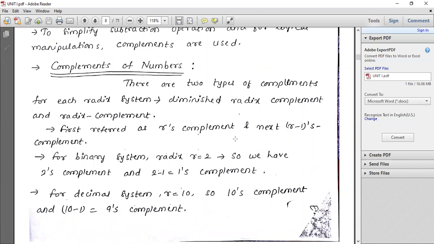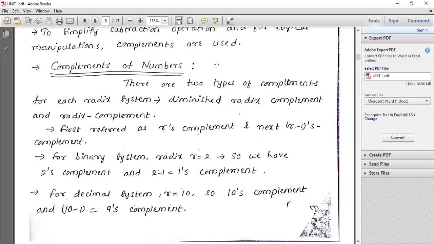It is going to involve the truth table concept of addition. Why? Because addition using the truth table is easy for us instead of going with the subtraction truth table. So complements are processes of subtraction where we use additions internally.